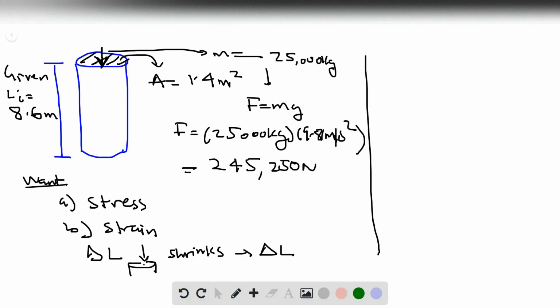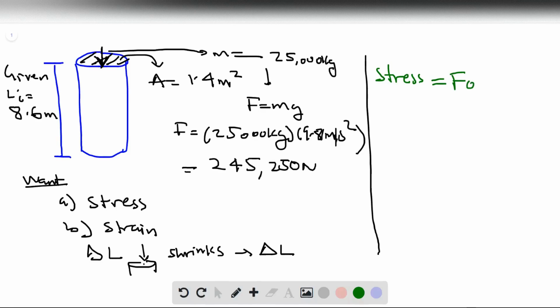By definition, stress is the force being applied on the column itself. So stress is the force over the area, and we use sigma as a symbol for that.